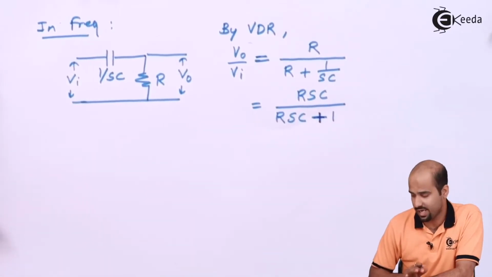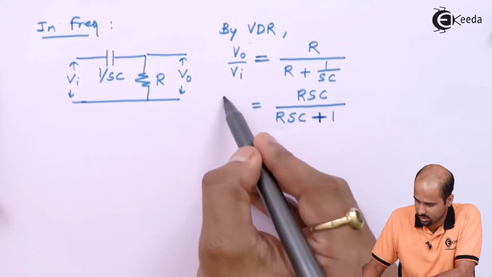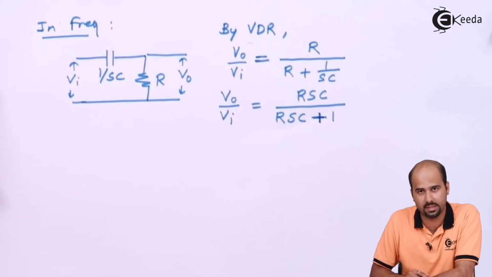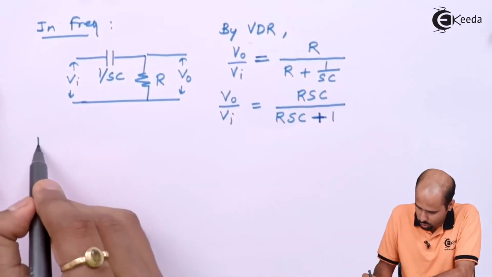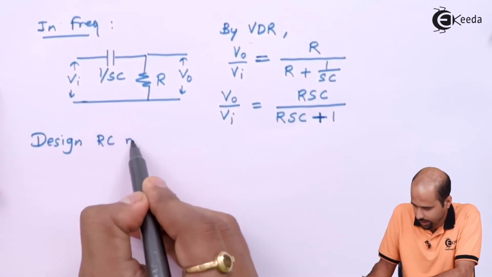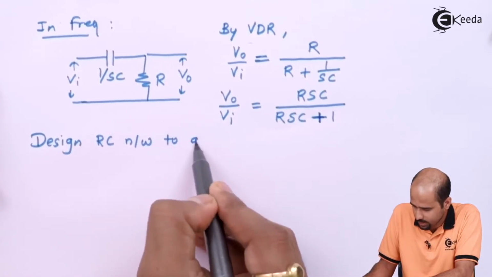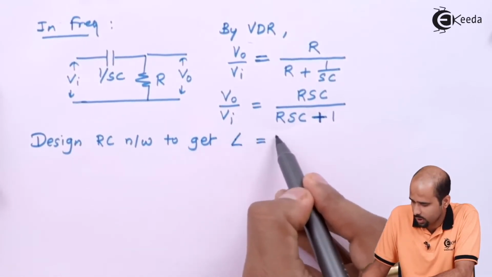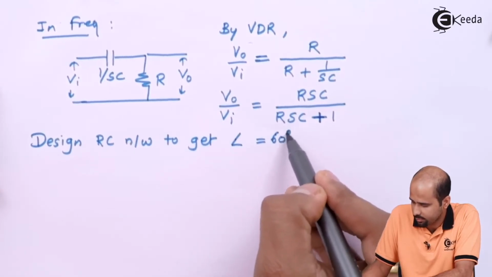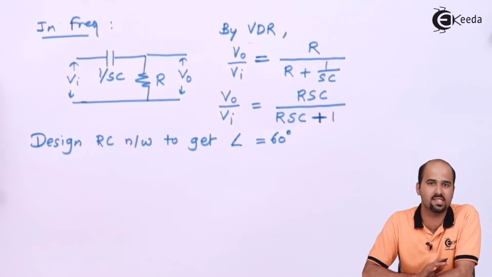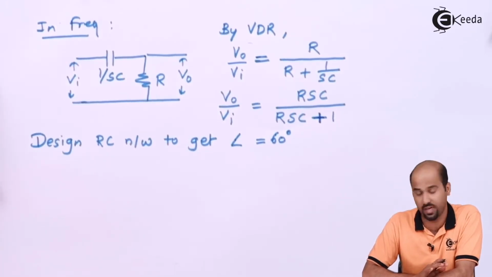Okay, I will design this complete VO divided by VI circuit to get a phase shift of 60 degree, right? So design the RC network to get angle equal to 60 degree.